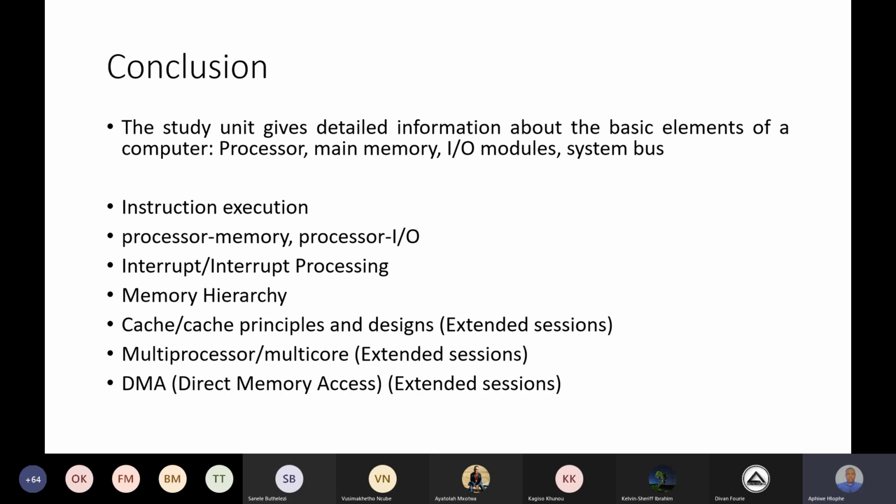We also covered multi-core versus multi-processor concepts, and DMA, direct memory access. You can see how technical this module is, but fortunately for you, since you're going to be writing it on an online exam, I think you are on the safe side.